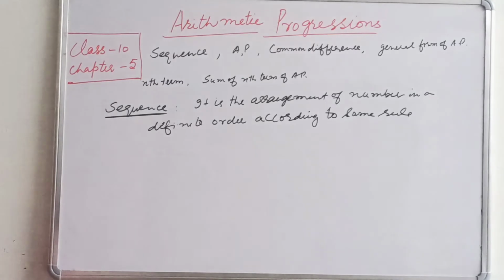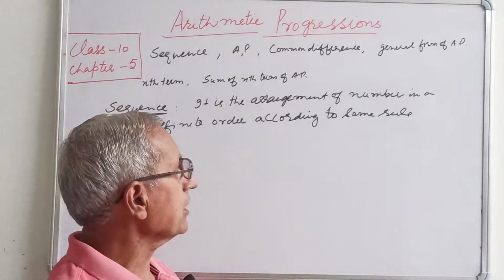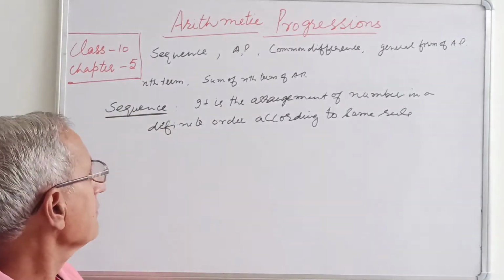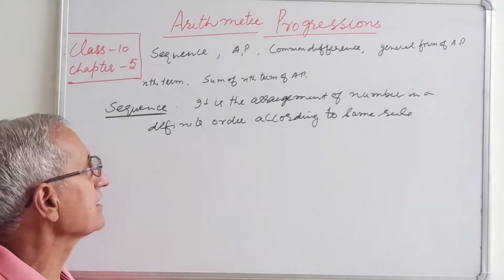So when the numbers are arranged in a particular order, then that is called a sequence.